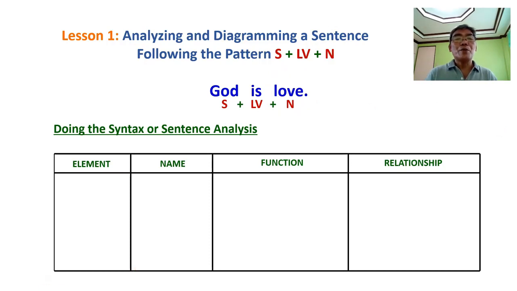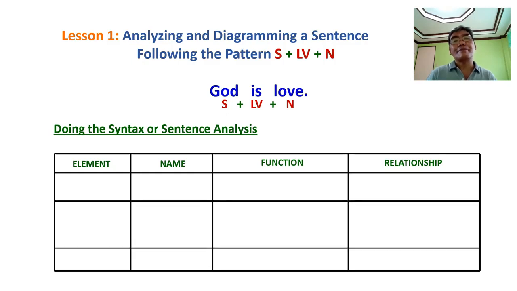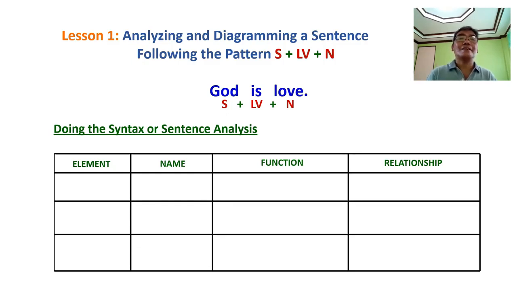Therefore, we only need 3 rows after the first row. This is our first row. Then this is our second row. And this is our third row.